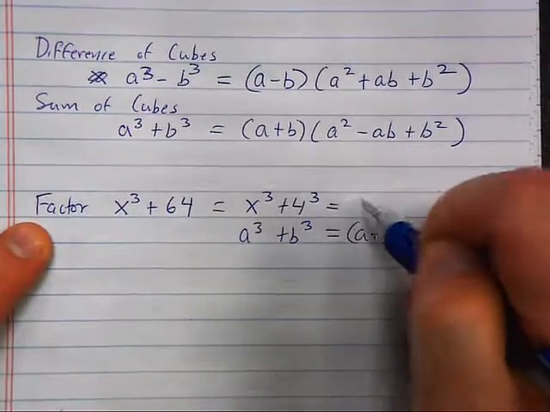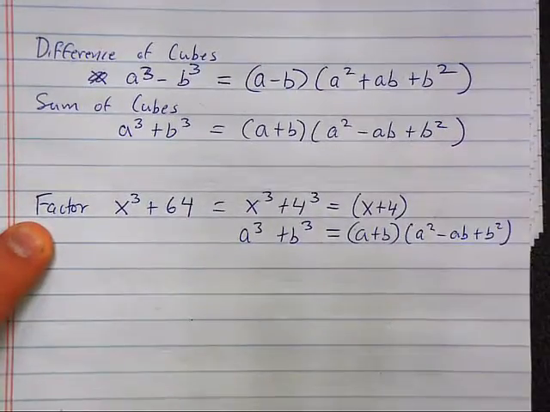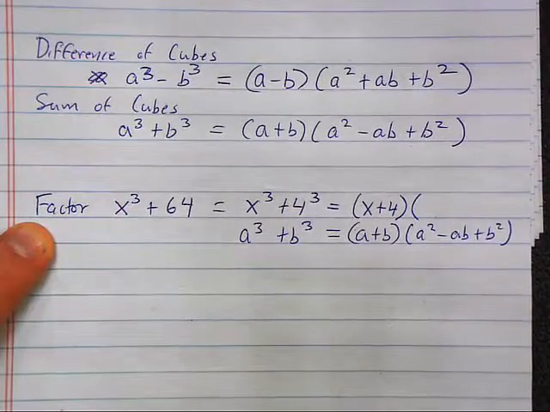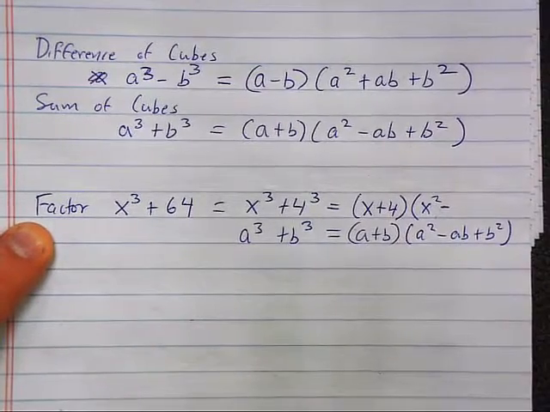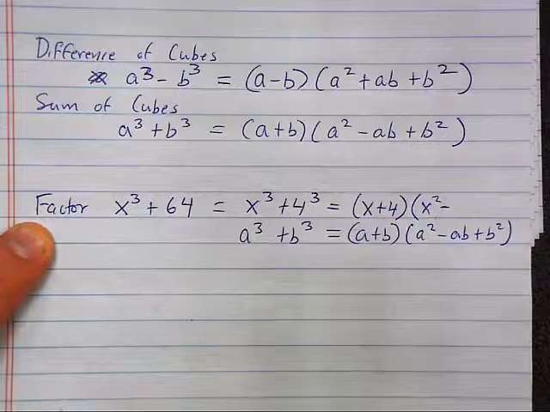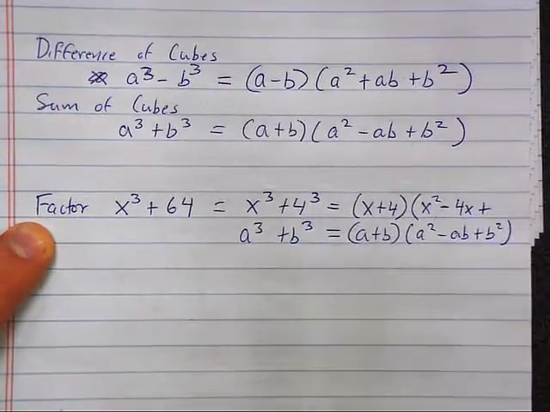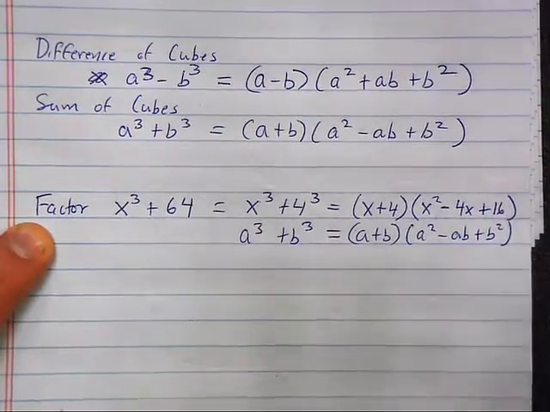So I'm going to have A plus B, that's X plus 4, times A squared, what's A squared? X squared. Minus AB, what's AB? X times 4, which we would probably write as 4x. Plus, what's B squared? 4 squared, which is 16.